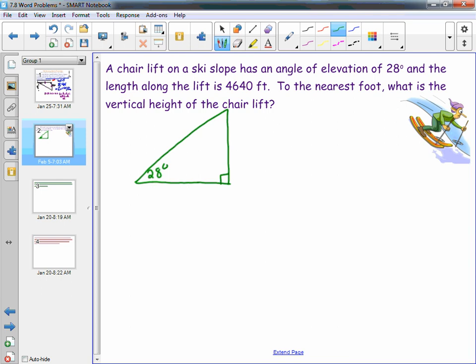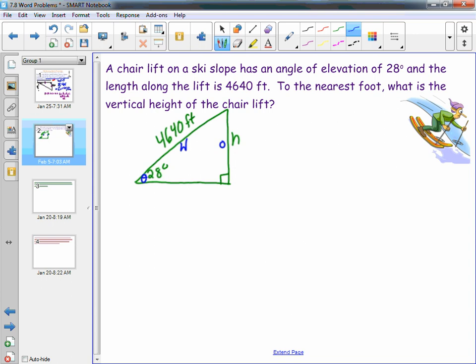We know the length along the lift, so that means we have the diagonal piece, the hypotenuse, is 4,640 feet. To the nearest foot, what is the height? So we'll call this piece h of the chairlift. We just need to solve for h to the nearest foot. So again, we have our theta. H is the opposite, and our 4,640 is our hypotenuse.